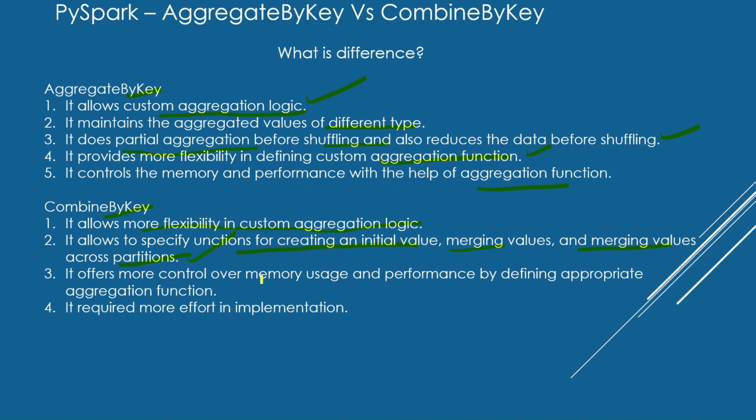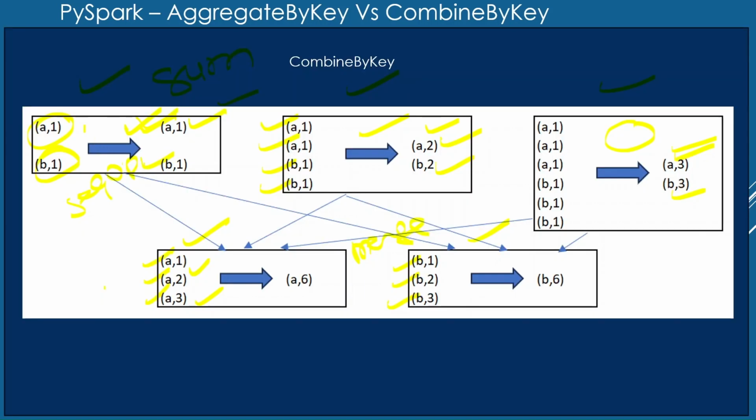It offers more control over memory management and performance by defining an appropriate aggregate function. As we have seen here, first the aggregate function is applied locally and the data becomes very small. Suppose here the data is 1 MB. When the result comes, it becomes 1 MB.